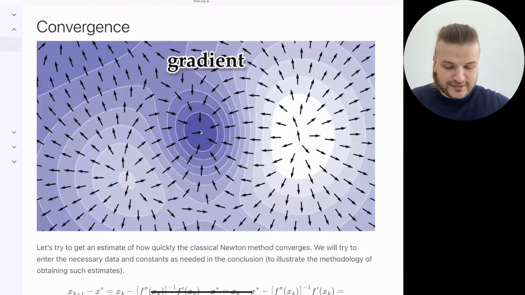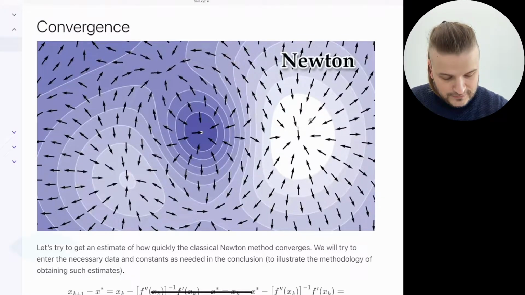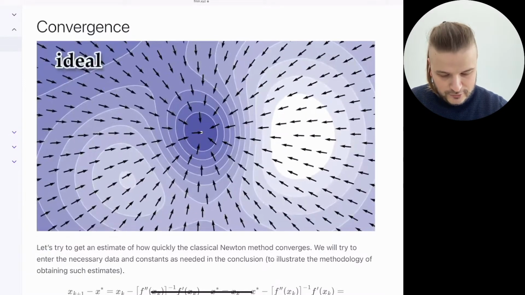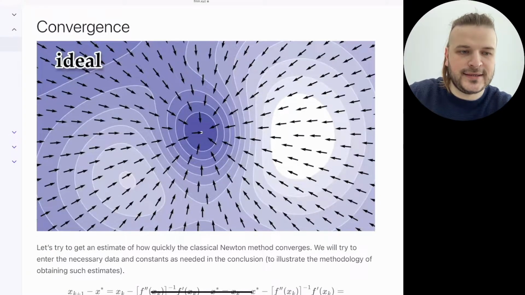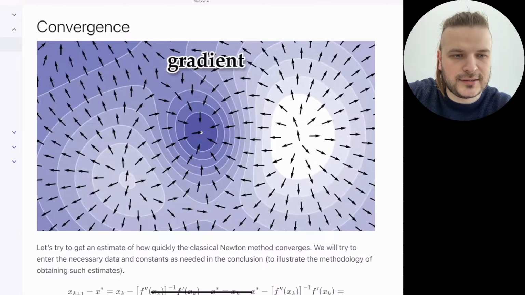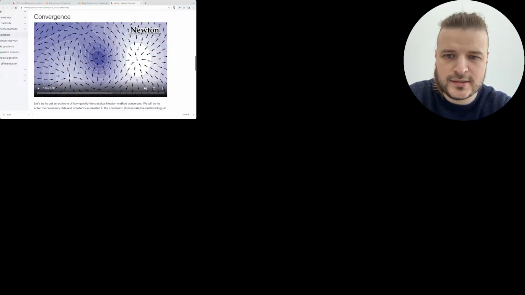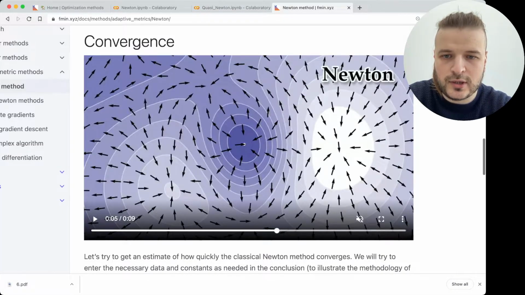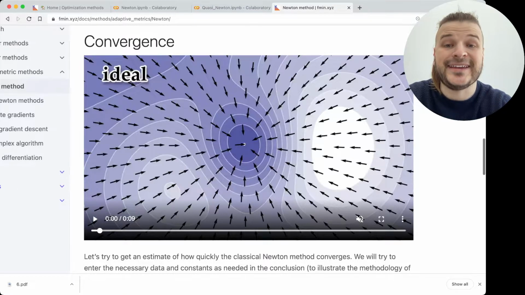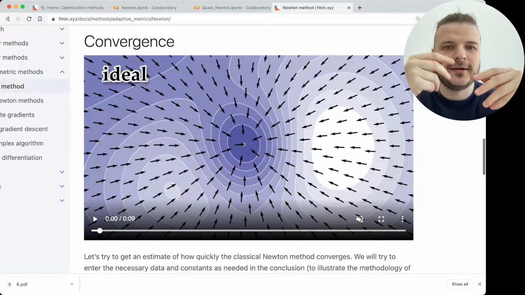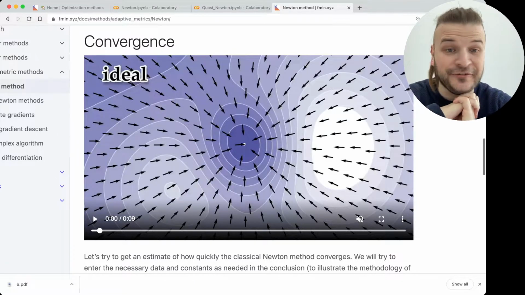So the gradient direction here, can I pause it? Actually, yes, I can. Just a second. Yeah, that's it. For example, let's take a look at the ideal optimization method field.